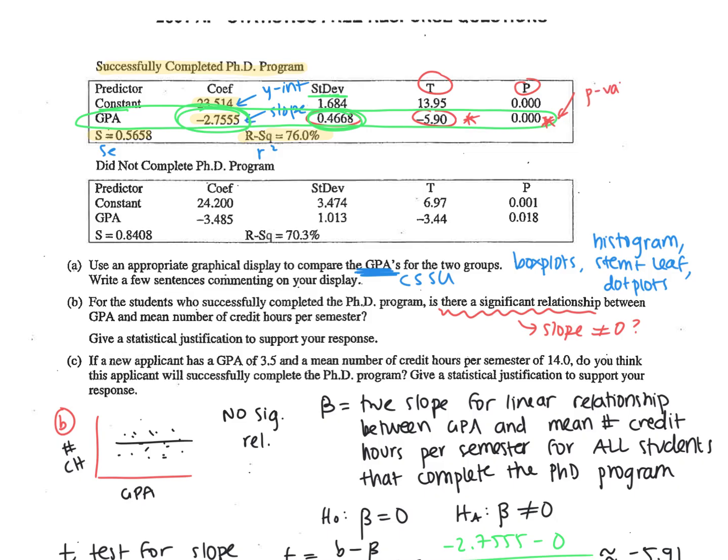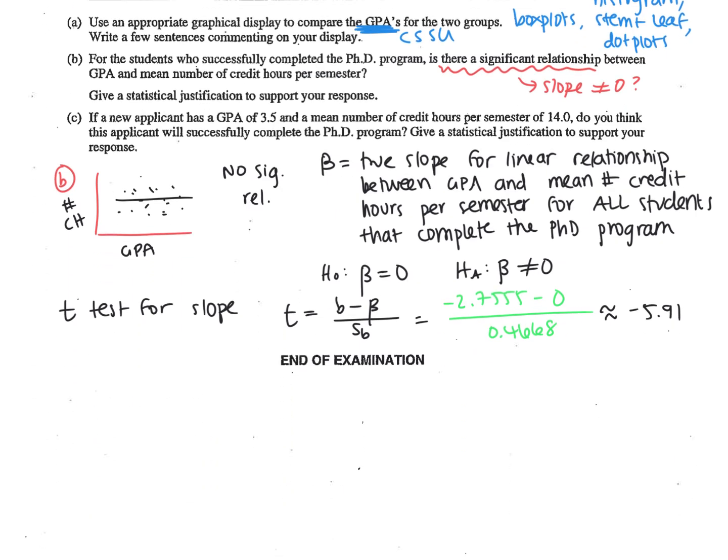There's our p-value. So we already know the p-value is 0. Okay, so we get a p-value of about 0. So then we would show our p-value is less than 0.05, so we are going to reject the null.